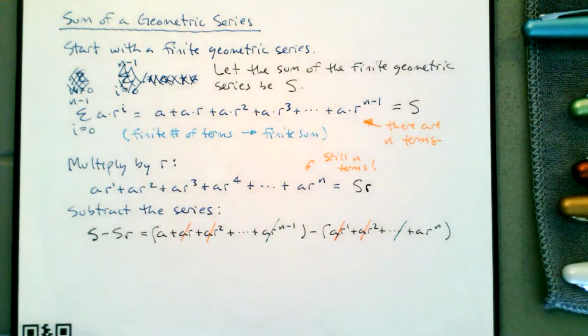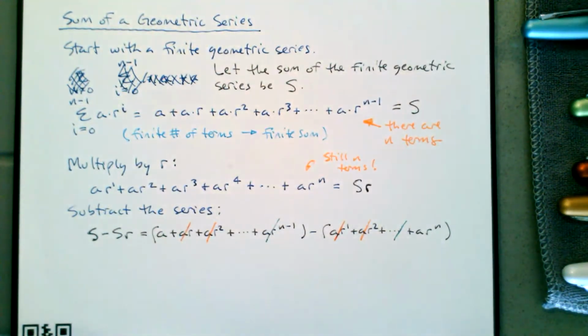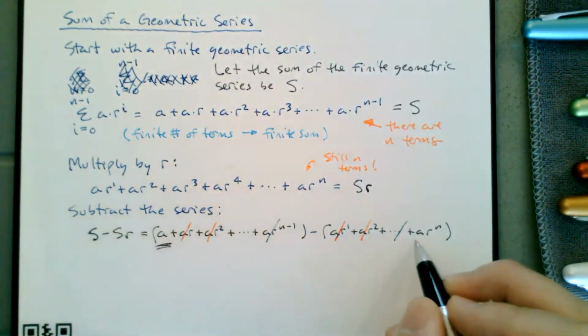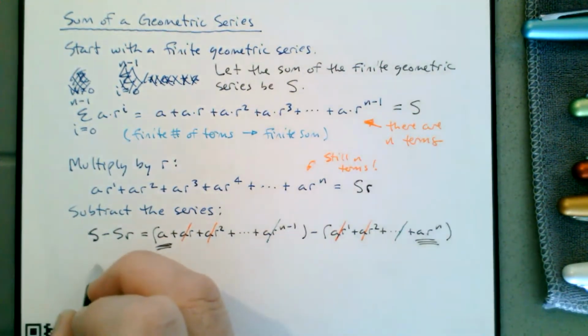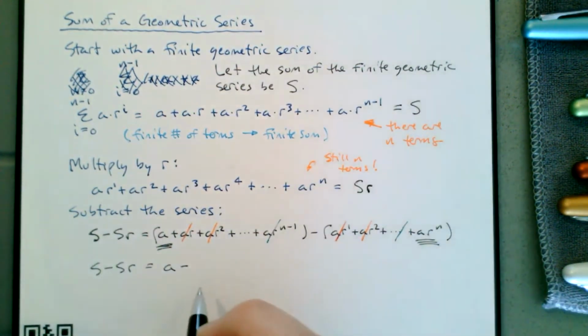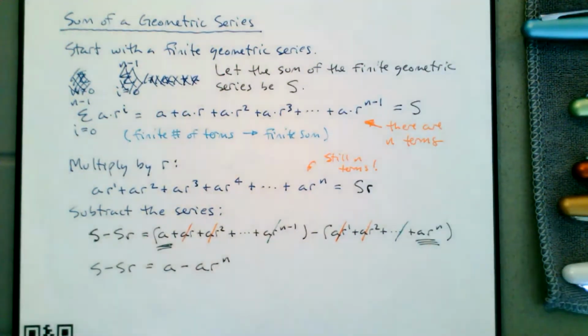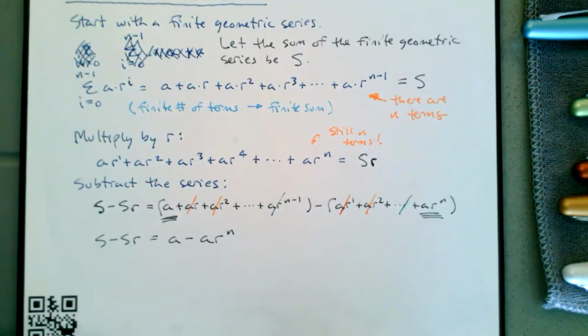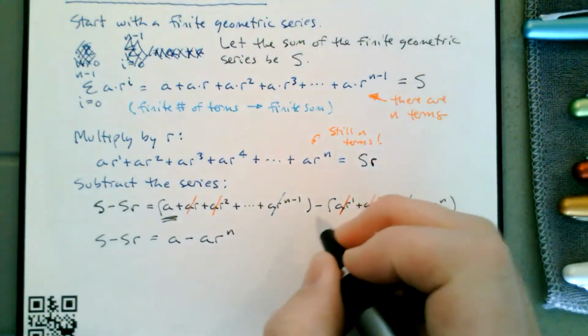And the only thing that's left over is A and the AR to the n. So S minus SR is A minus AR to the n. So we subtract the series, we get massive cancellation.